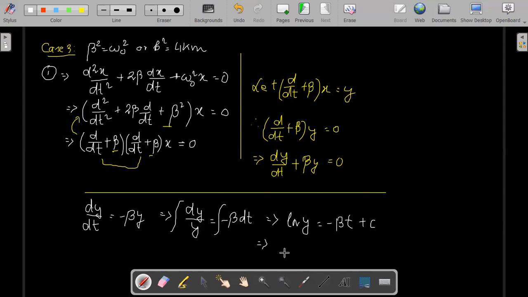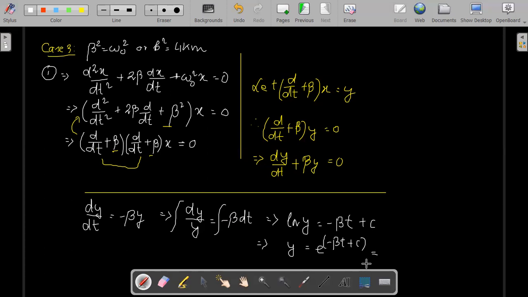Let's use the property of logarithm. You have log of y, you can just have y. On the other side, everything will be e to the power of all the terms, so it will be minus beta t plus c.